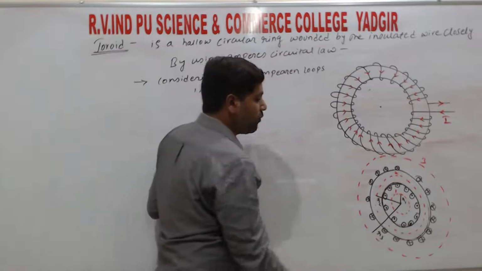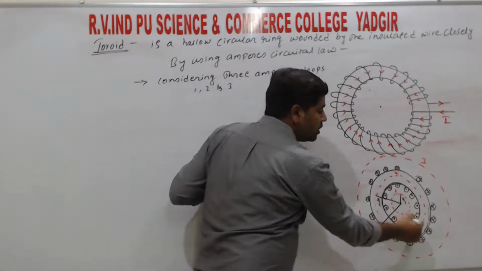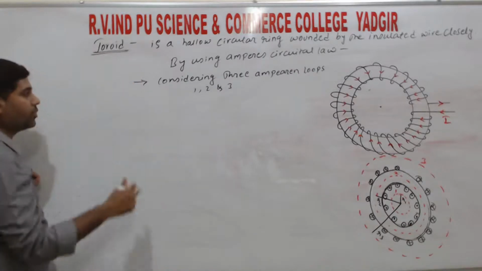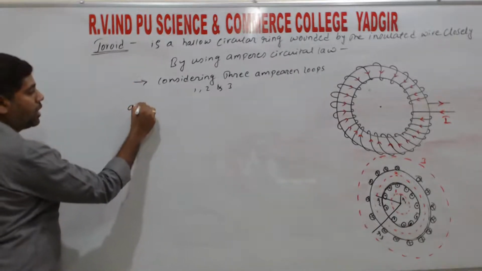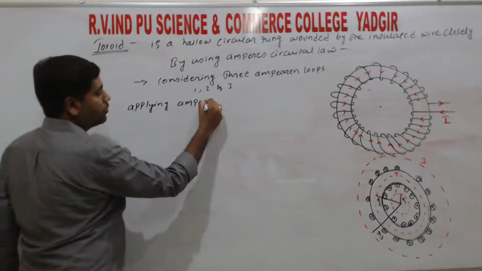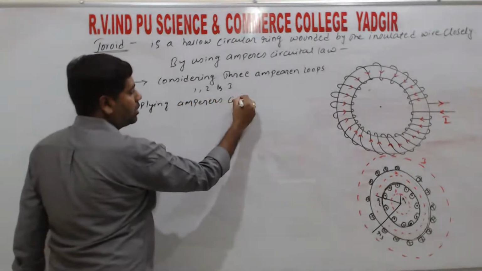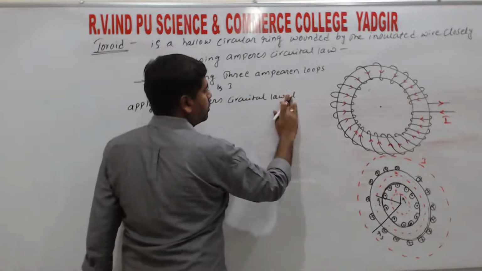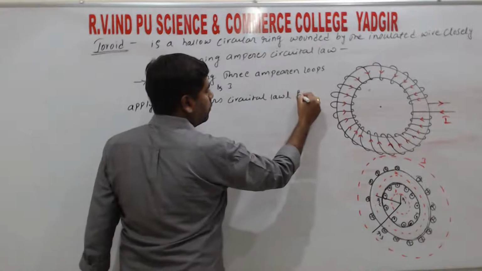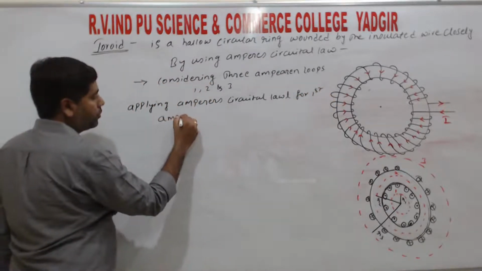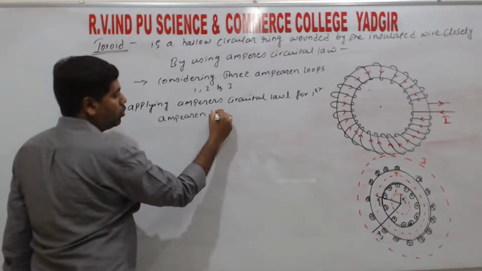So first we need to find the magnetic field inside the hollow ring, right? So that means applying Ampere's circuit law for the first Ampere loop.